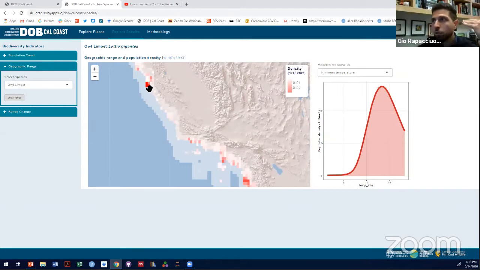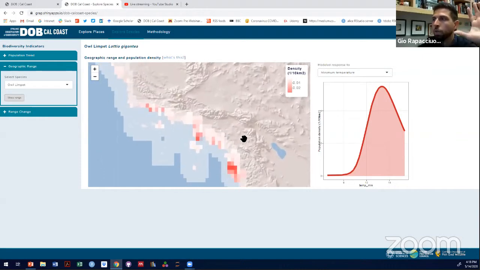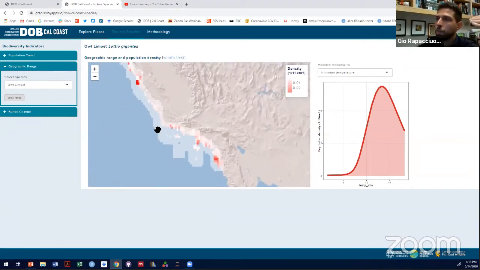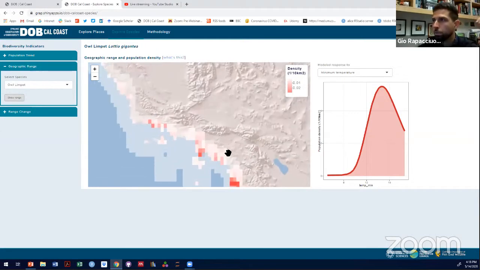So this is not the frequency of iNaturalist observations. This is the model estimated density based jointly on the marine data, iNaturalist data, and physical oceanographic factors and habitat data, in fact. So this is as close an estimate as we can get to the density of the species on the coast.